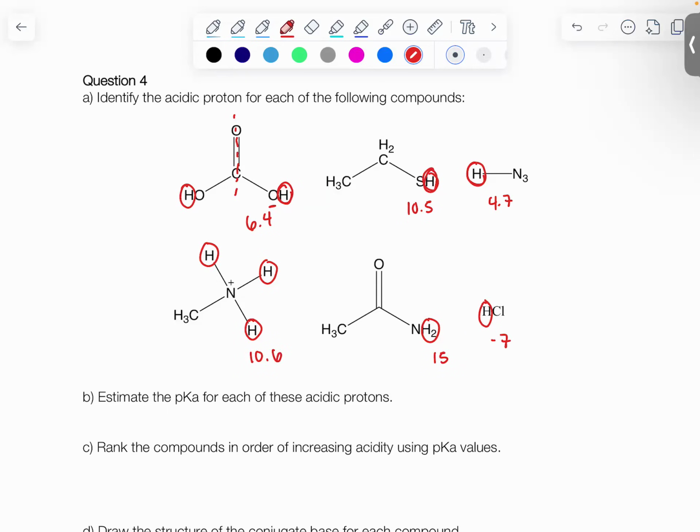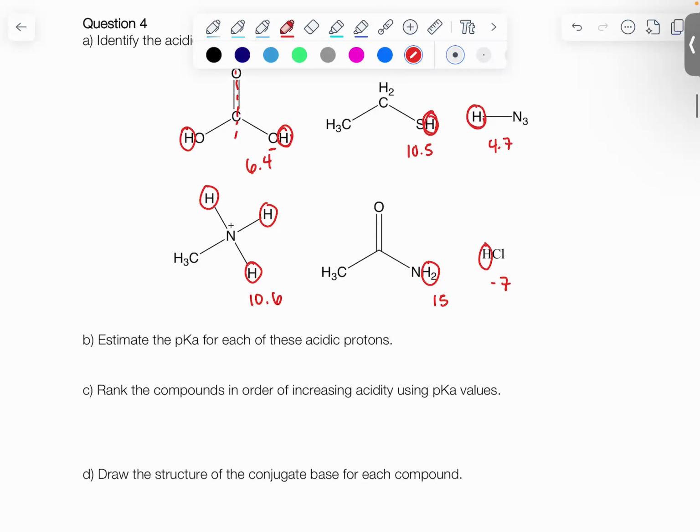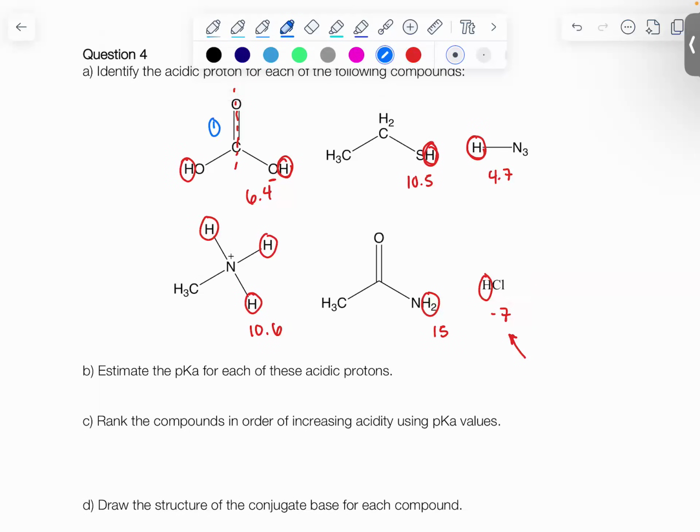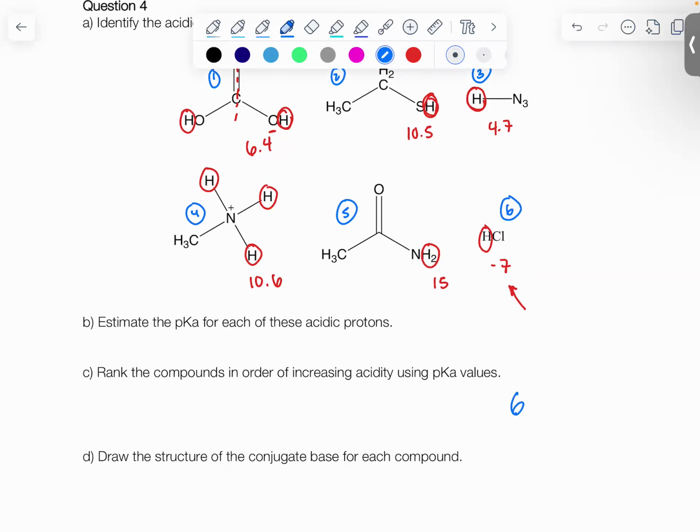Once we have this, we can rank the compounds in order of increasing acidity. Now, acidity and pKa have an inverse relationship, so our strongest acid is going to be our lowest number. So I'll go ahead and number these compounds out. And our lowest number is -7, so we know that's going to be our strongest acid.